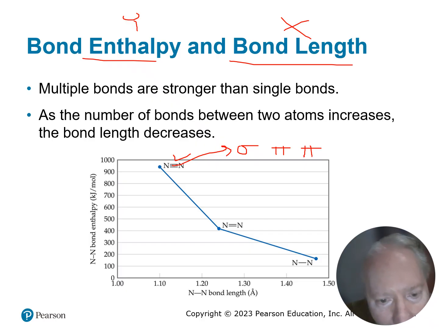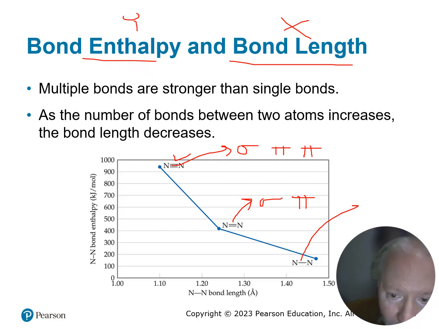If we only have a double bond, we have a sigma bond and a pi bond, which is higher energy. That takes more energy to break than, say, a single bond over here, which is the lowest on here, which is only a sigma bond, which takes the least amount of energy.